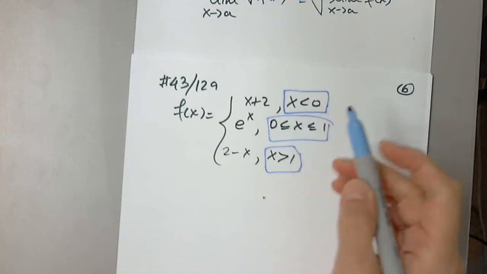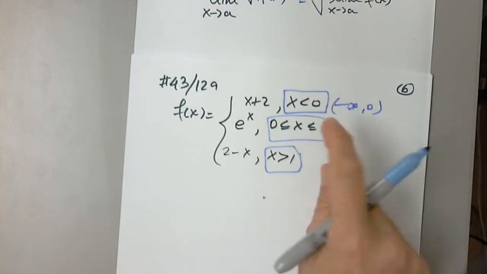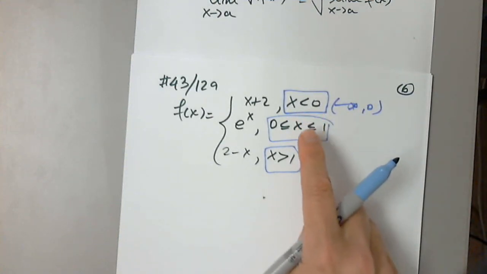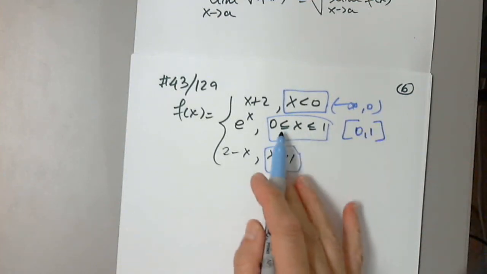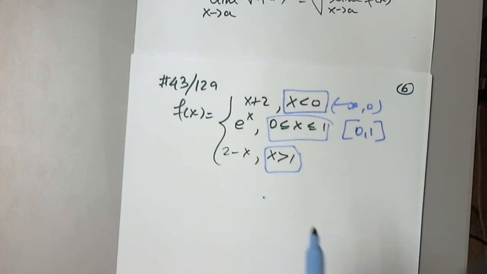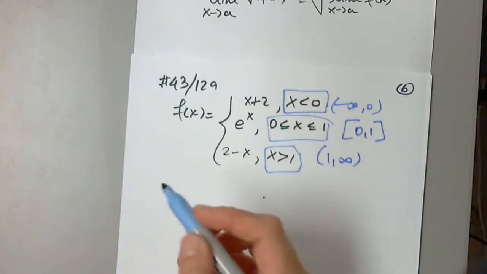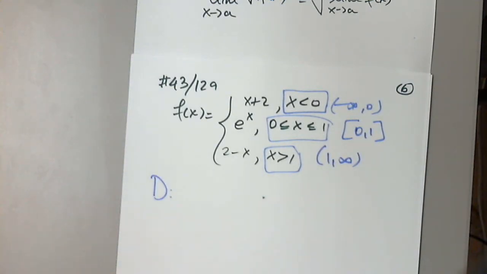So I prefer starting by writing negative infinity to 0 here because that's what the interval means. And here I have 0, comma 1 with brackets on both ends, and this one in interval notation is 1, comma infinity, because for any function you ask me to graph, I would have to find its domain. That's the starting point. So can you please tell me what is the domain of this function?